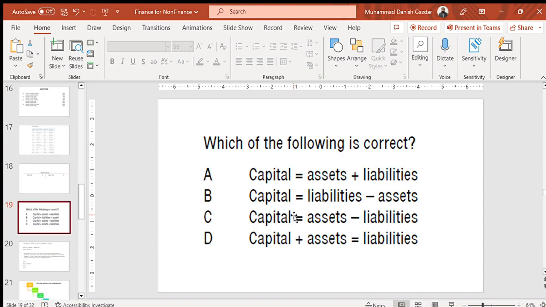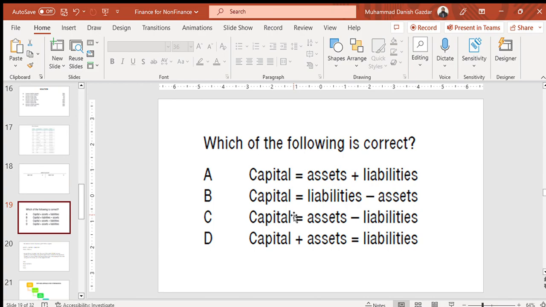This is a small question which I would like you to attempt. It's quite simple, as you have learned that assets are equal to capital plus liabilities. One of the options is correct, and you need to identify which one. Hit the pause button and reflect a bit, then I would tell you the answer.